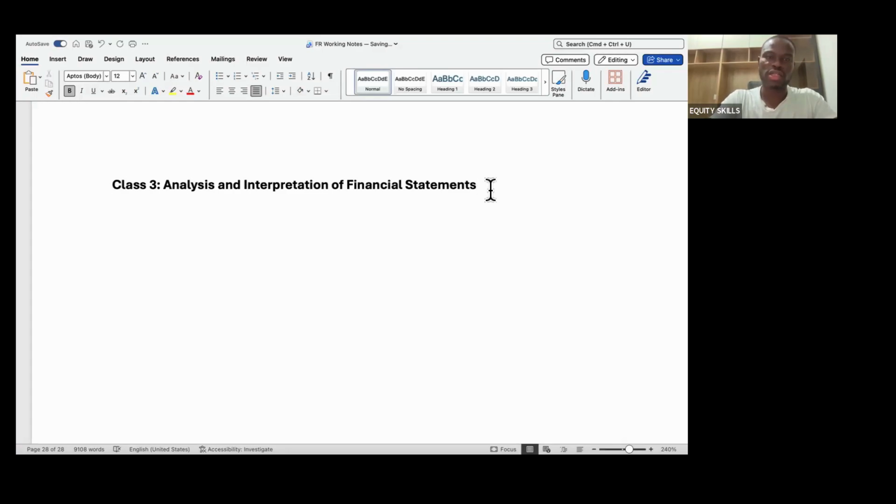When it comes to analysis and interpretation of financial statements, you would obviously be given a financial statement, usually a statement of profit or loss and a statement of financial position for you to analyze. And in this context of analysis, which analytical tools do we use?